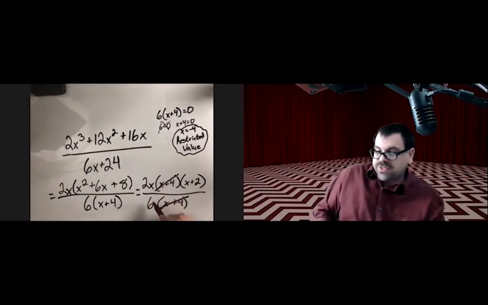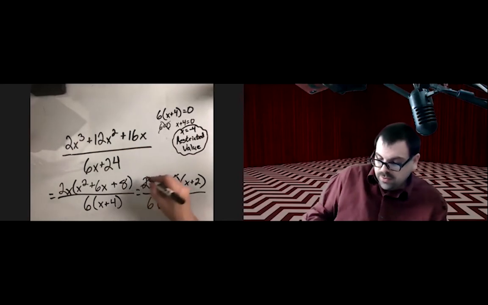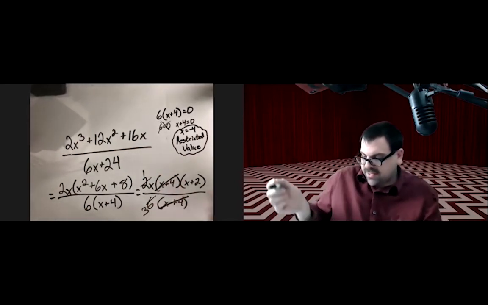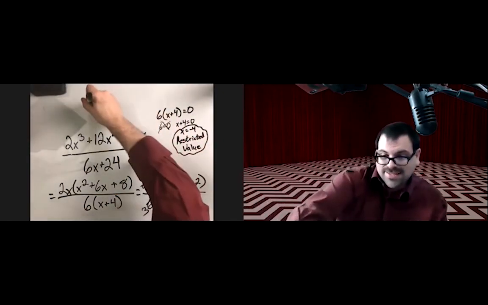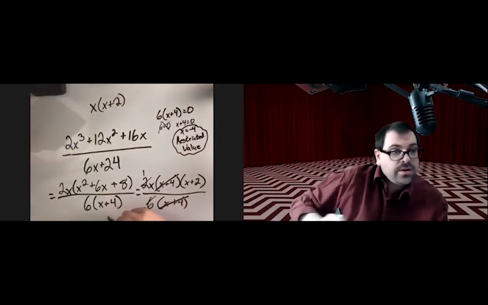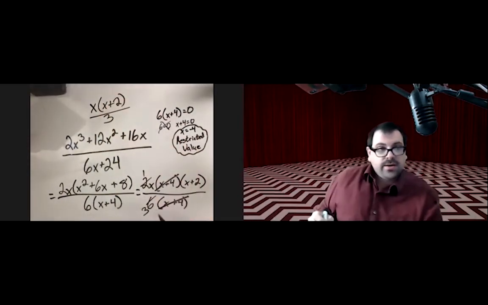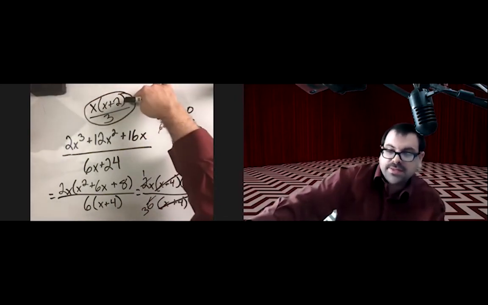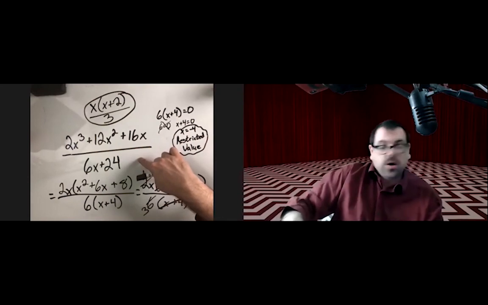We could also reduce now the 2 over the 6 to 1/3. And 1 times x is just x. So what we have here is x times (x plus 2) all over 3. This and this are the same.